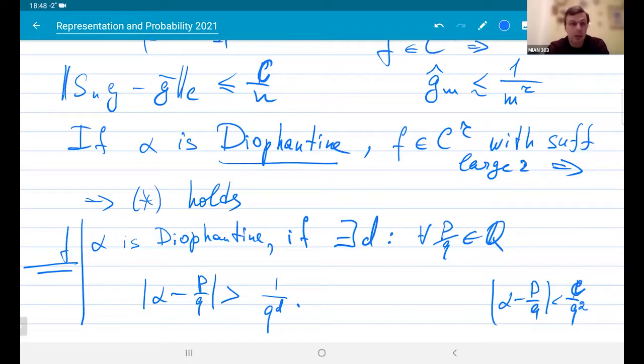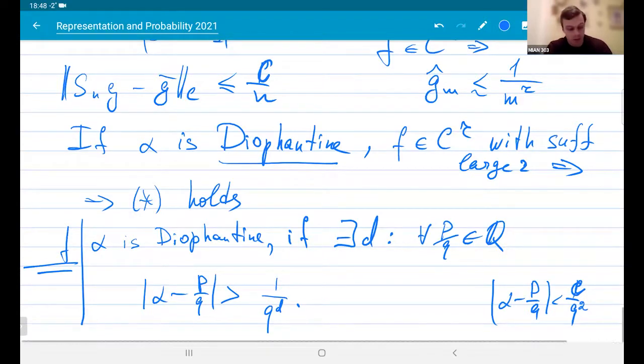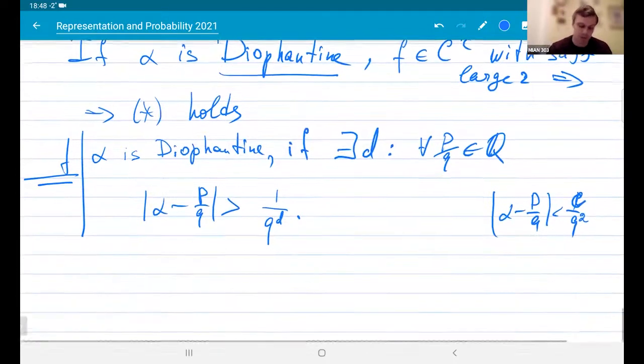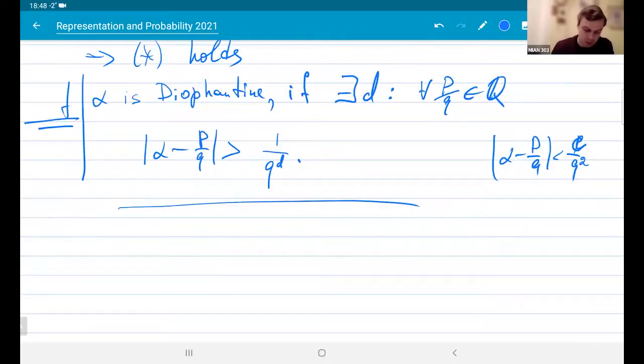Because in fact, the rate of convergence of 1 over n is something very strange. 1 over n is more or less the best you can expect. Why? So, 1 over n.